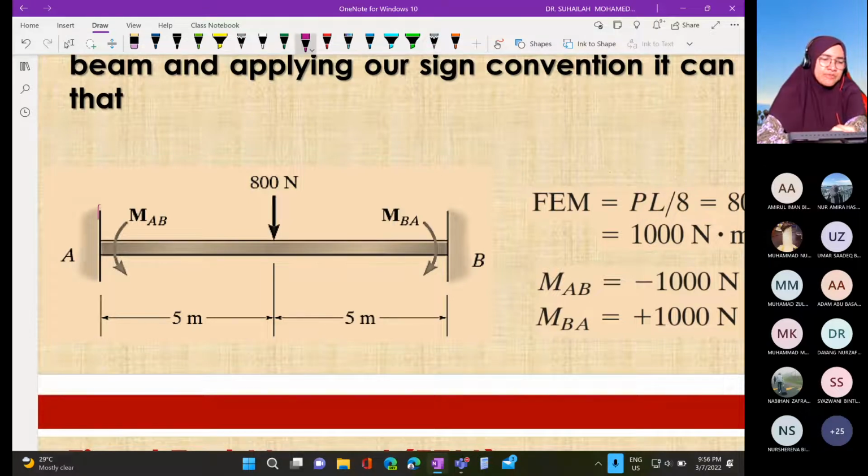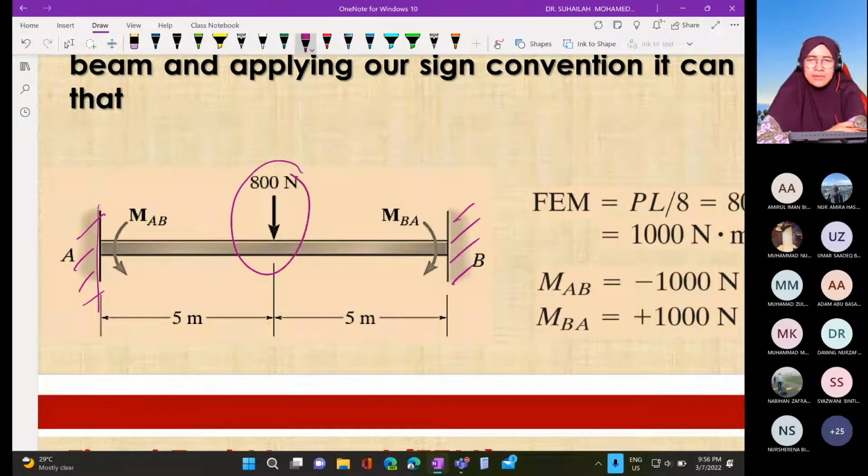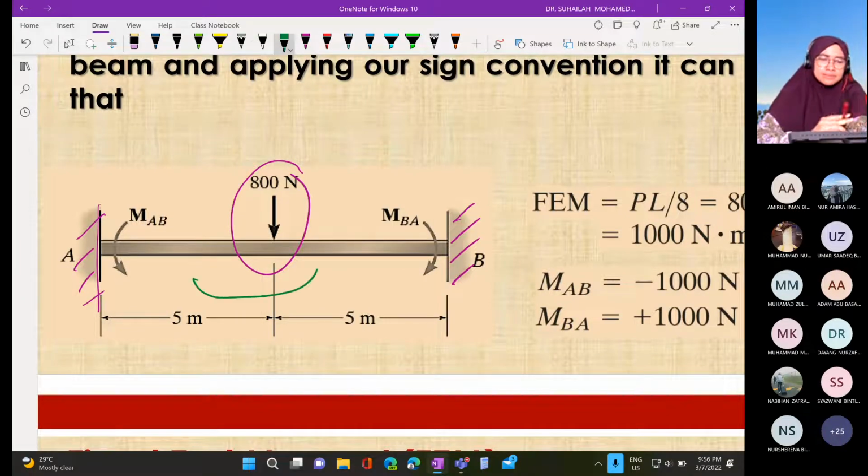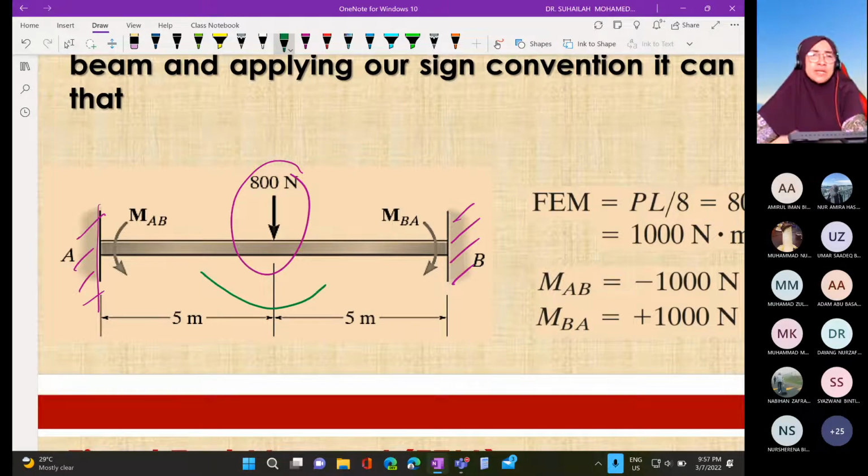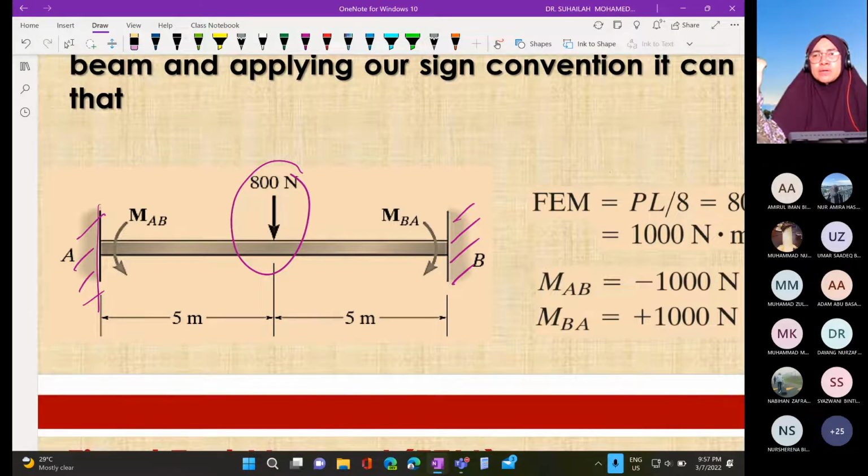Okay, so this is a beam. There is a fixed support here because of the assumption we made, both ends are fixed. So when this beam is loaded by 800 Newton, what happens to the beam? The beam will deflect. And the deflection we cannot see. The deflection is very small. Normally we cannot see it, except for cases that are really visible. For example, if you have a bookshelf and you put many books on it, you can see the bending. That one is very clear.